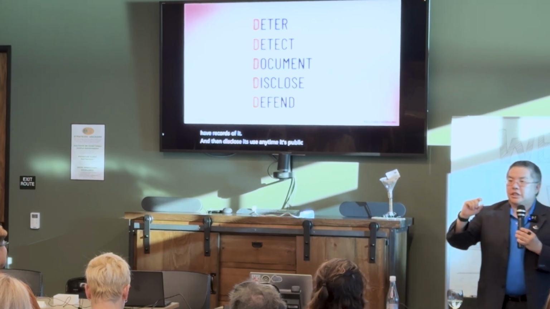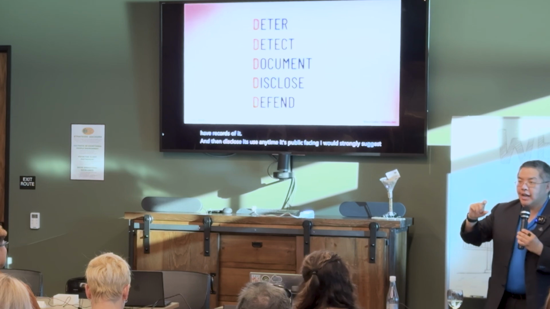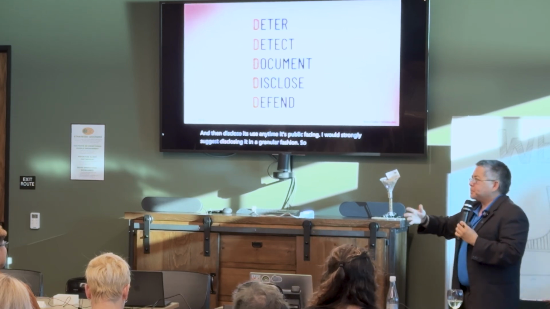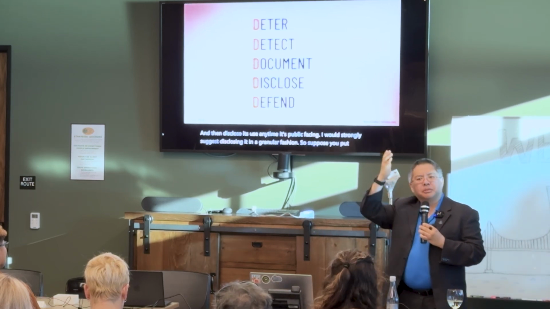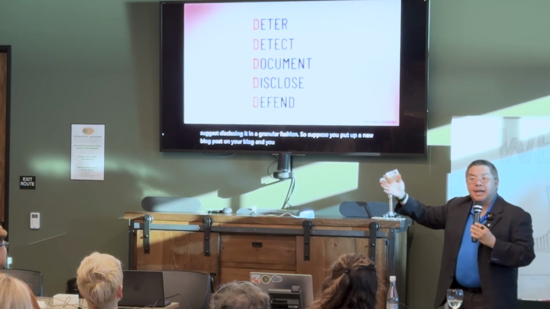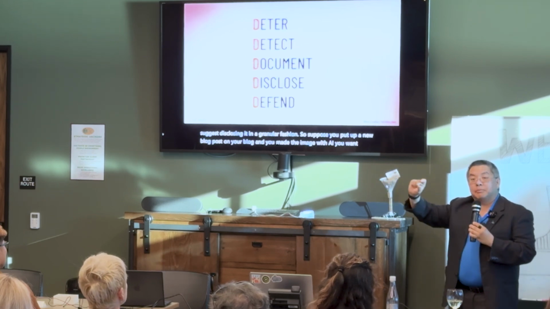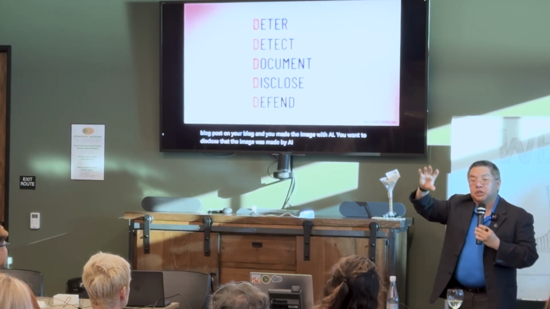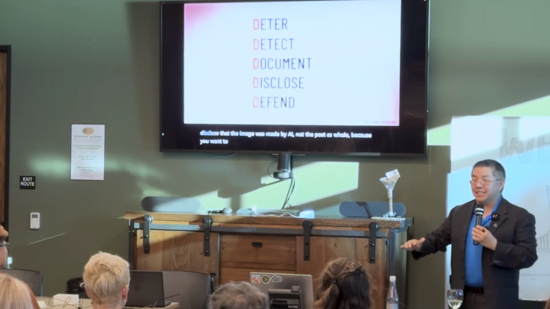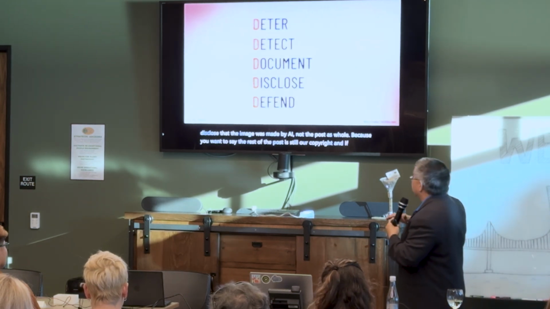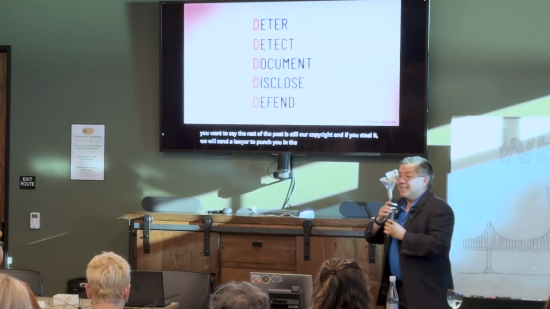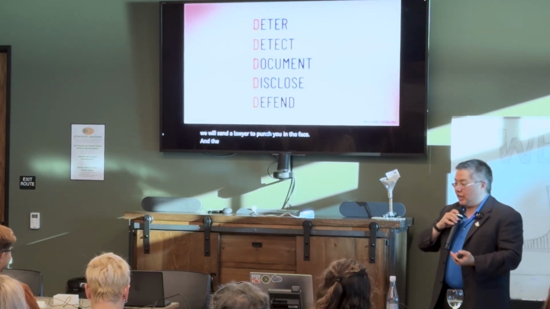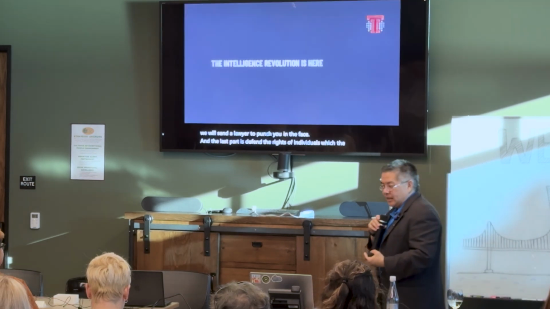I would strongly suggest disclosing it in a granular fashion. Suppose you put up a new blog post, and you made the image with AI. You want to disclose that the image was made by AI, not the post as a whole, because you want to say the rest of the post is still our copyright, and if you steal it, we will send a lawyer to punch you in the face. And the last part is defend the rights of individuals, which the EU does.